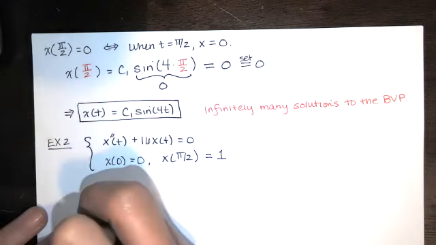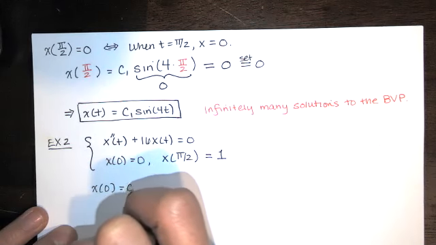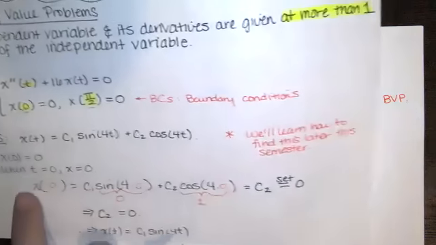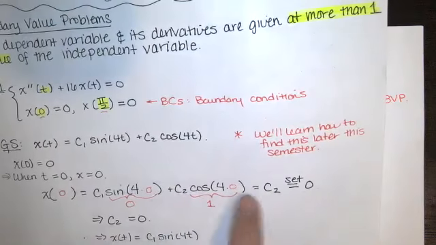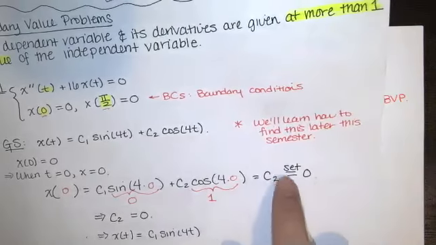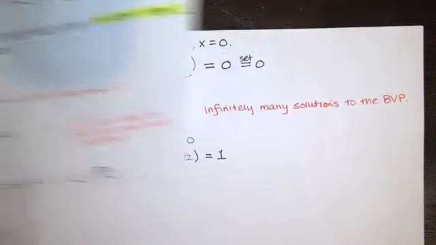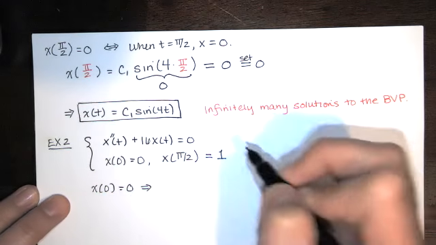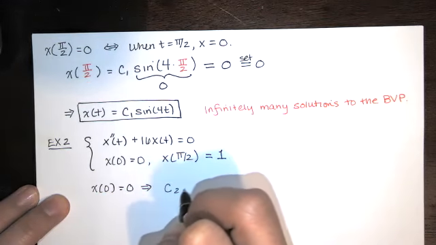x of 0 equals 0. We already know because of what we did in the last example, when you take x of 0 and you simplify it and you set that equal to 0, it turns out that C2 must be 0. So x of 0 equals 0 implies that C2 is 0.